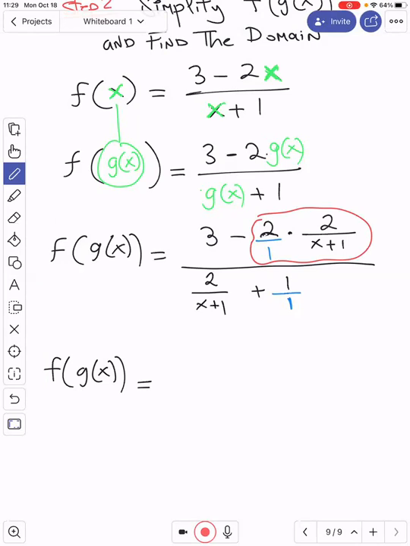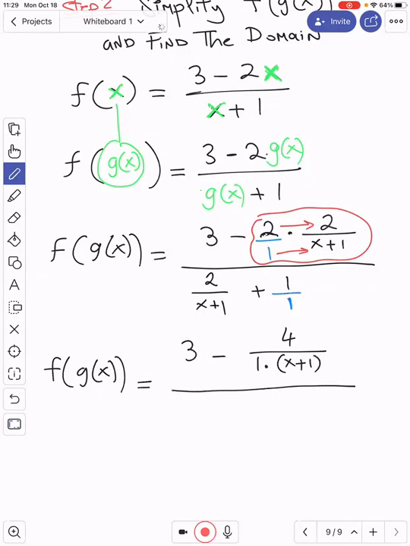So you multiply 2 times 2 and 1 times x plus 1. So this is 3 minus, 2 times 2 would be 4, and in the denominator, 1 times x plus 1. That's how we multiply fractions.